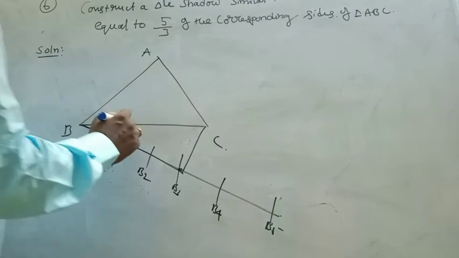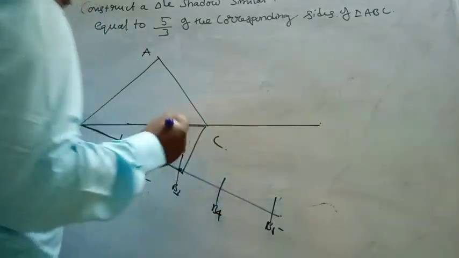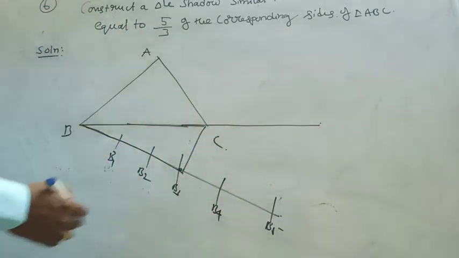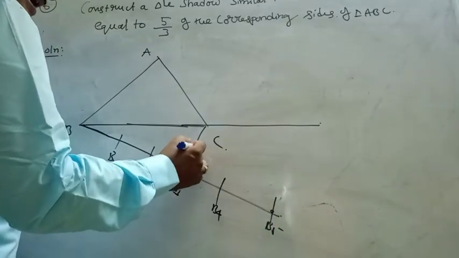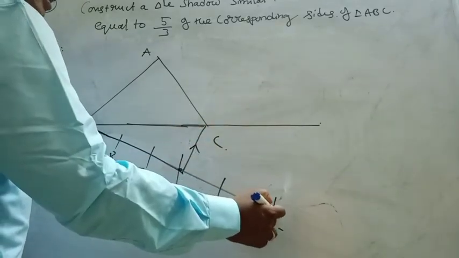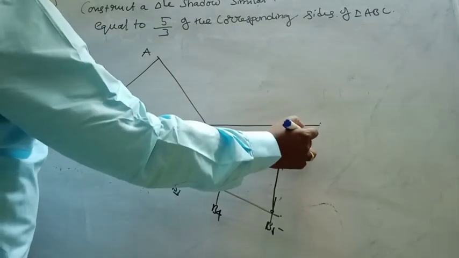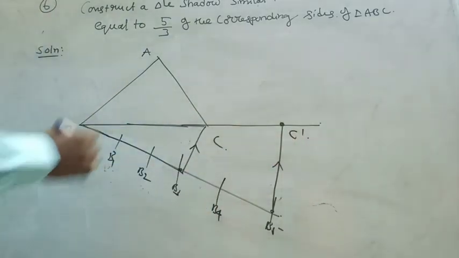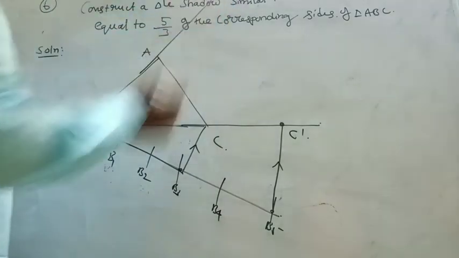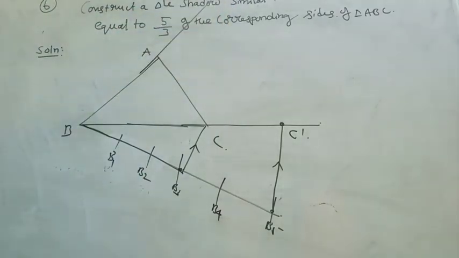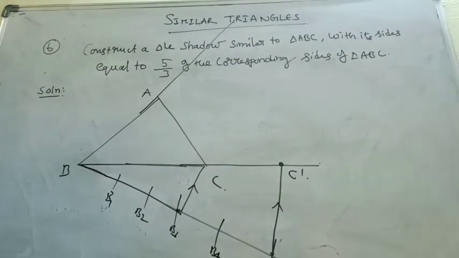Next, you extend this. We extend because we want a bigger triangle than our original triangle. From B5, you draw a line parallel to B3C. You draw a line parallel to B3C. Now you call it some C dash. Now you extend this like this.